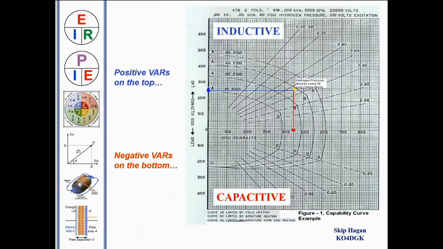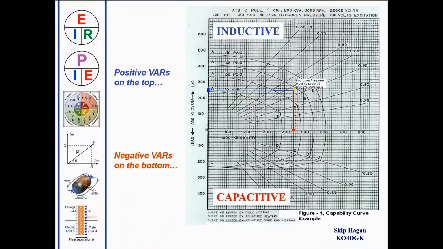Now, I'm borrowing from my background in electrical power generation here. I've spent 40 plus years in electrical power generation in nuclear and fossil power plants. And this graph I'm using to illustrate a point, though we're going to ignore a lot of it.